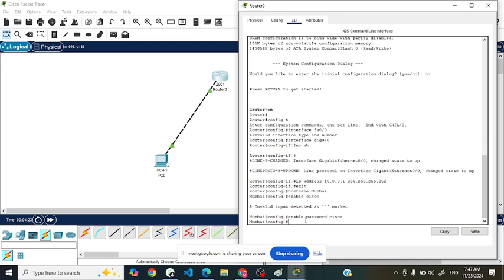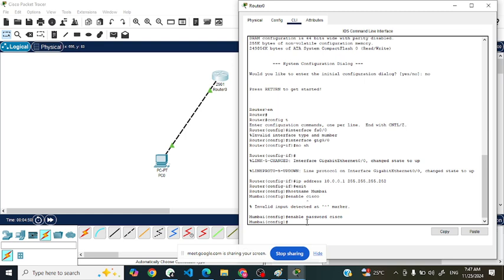Is it clear? I am setting the password. Why do we use this password, Lakshman? When we try to enter the enable mode, it will ask for the password. It will protect the device. So the next step, Lakshman.